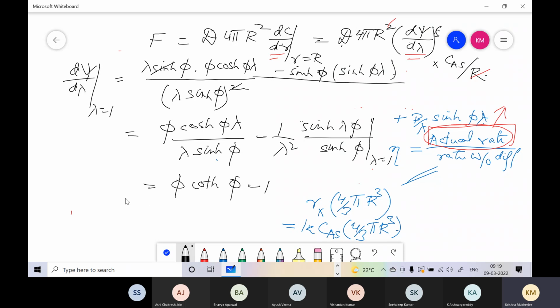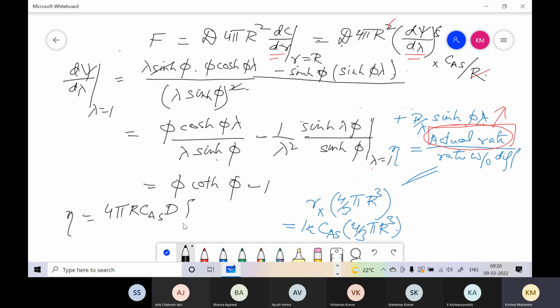Therefore, what is the rate of reaction? What is efficiency? Now let us get this. Where was that expression? Oh, we rubbed it out. What was that expression? 4 pi r CAS d. That was it, right?